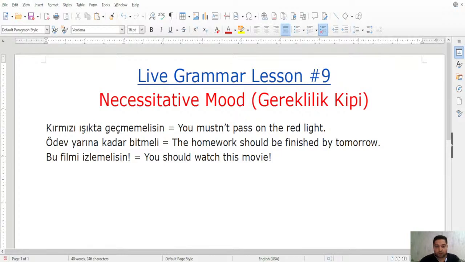What about this one? When you, for example, talk about the probability of something. For example, in English you may say, you must have watched this movie. How do you say this? Let's repeat the one above. Bu filmi izlemiş olmalısın. Okay, izlemiş, let me just transform it.